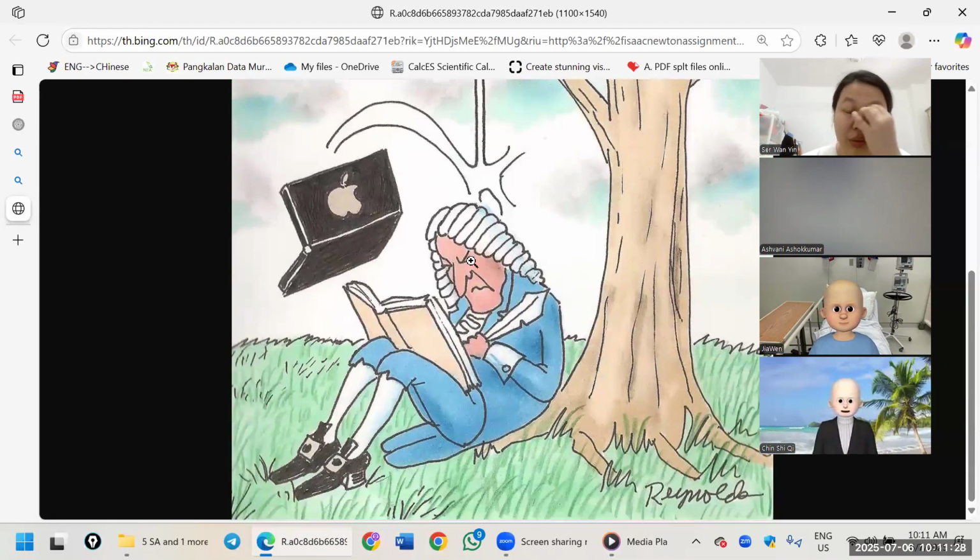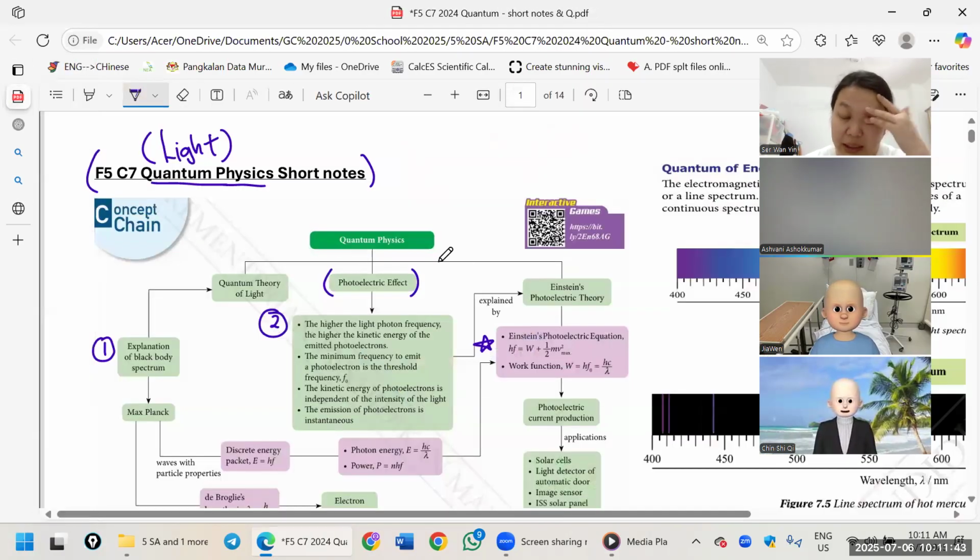Actually, Newton had been thinking about this for a long time already, and at that time the apple just fell beside him. Then he got the idea of the universal law of gravity. That's another topic.